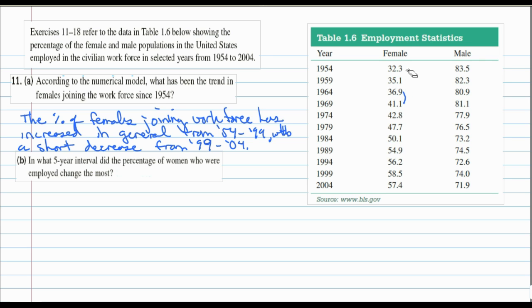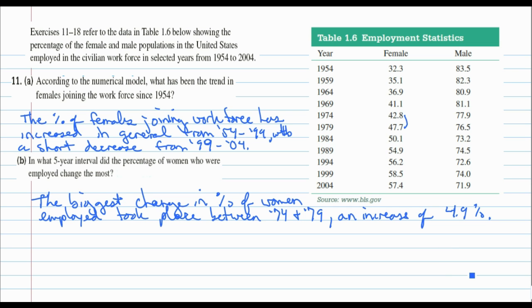So far that's the biggest change. No. Ooh, that's a good one. 42.8 to 47.7. That actually might be the biggest one so far. Nope, that's less than 3. Go on, less than 2. These are tiny. So the biggest change in the percent of women employed took place between 1974 and 1979, which so happened to be an increase of 4.9%.